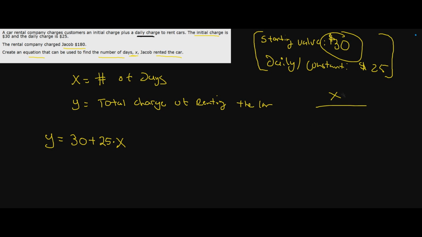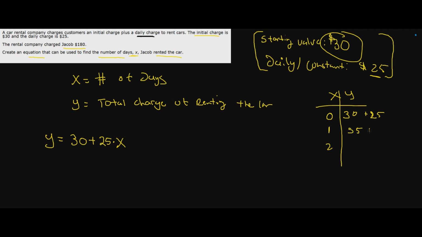And if you wanted to make a table, when x is 0, before you even start, you're going to be charged $30. The next day, they're going to charge you $25, so 30 plus 25 is 55.